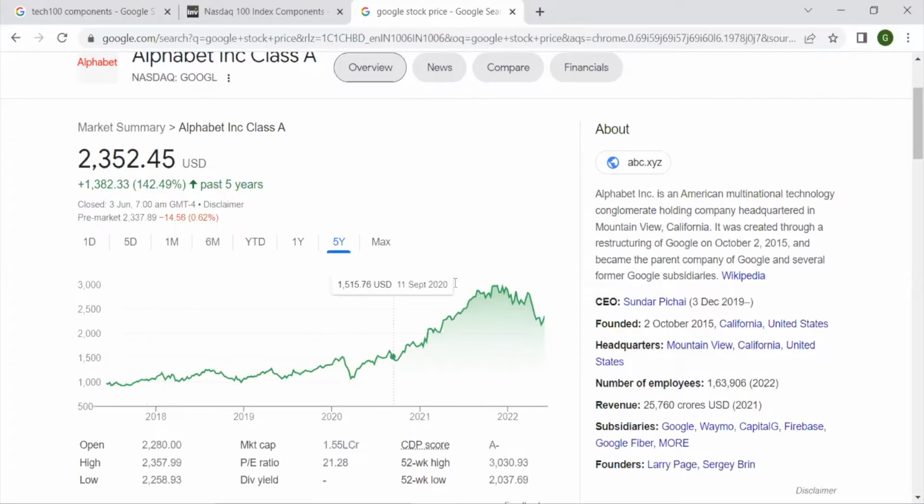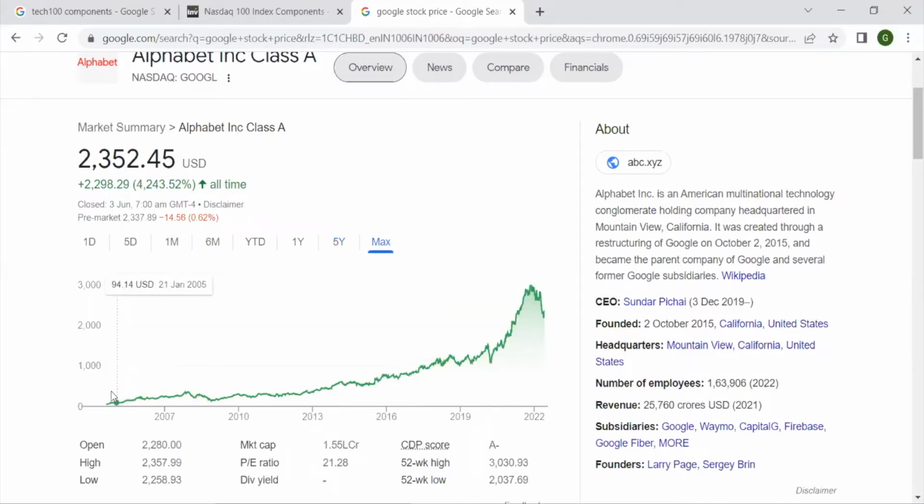So for example, when Google started, maybe let's not go that far back, but let's say 10 years back, if I were an investor and had invested in Google as a company, the price was anywhere close to $300, and today the price is here in front of you, $2,300. That's almost 8 times the money that you invested in the last 10 years. That's still a good amount of return for you, right? So those are things that you may want to consider.